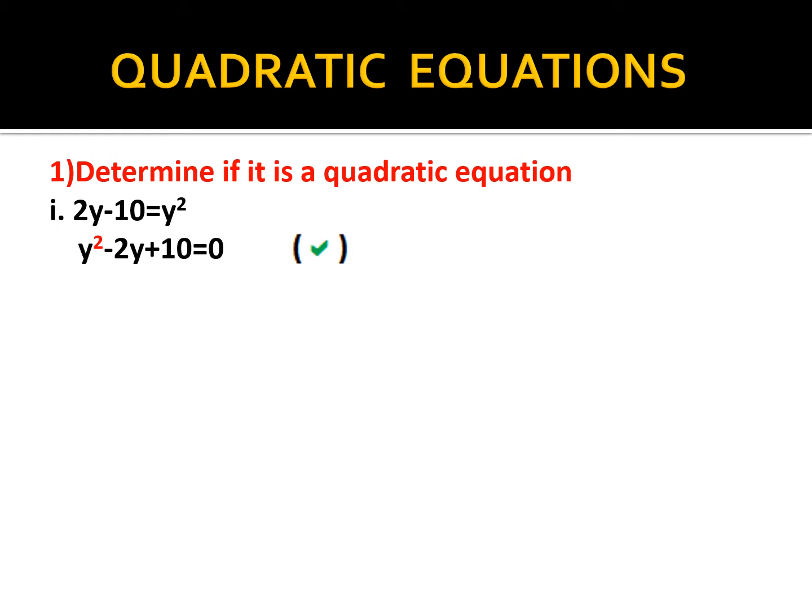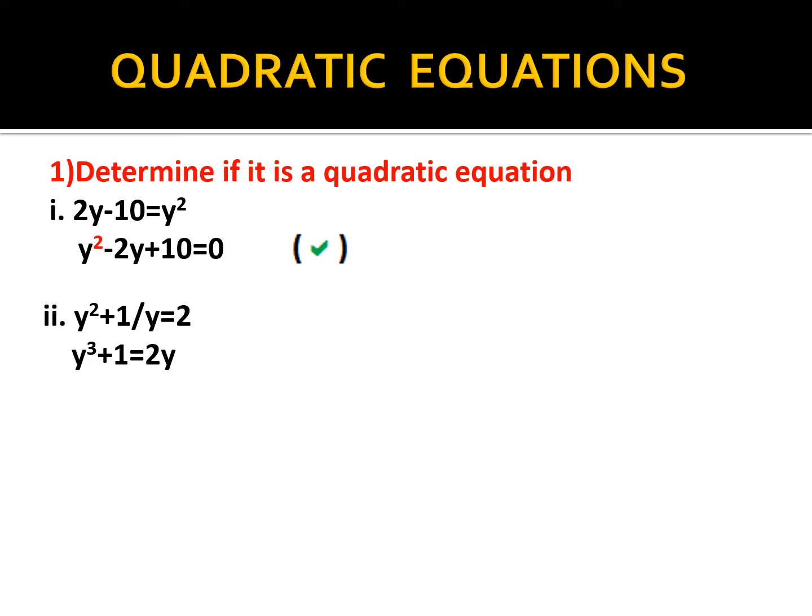Let us take one more example. y squared plus 1 upon y is equal to 2. If you observe this, you might feel that it is a quadratic equation, but when we simplify it, we find something else. So we multiply the entire equation by y. y squared into y gives us y cubed. 1 upon y into y cancels, is equal to 2 into y is 2y.